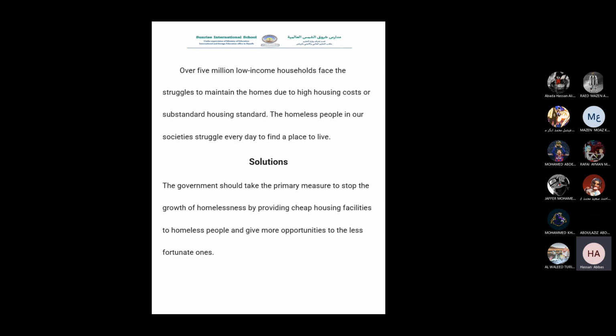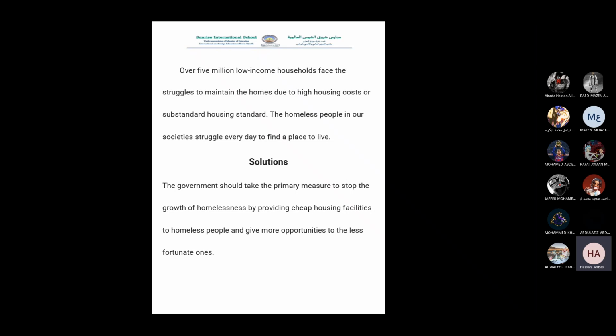Over 5 million low income. They don't have that much money to build a standard house, to live in a luxury apartment, or to live in a deluxe house or home.